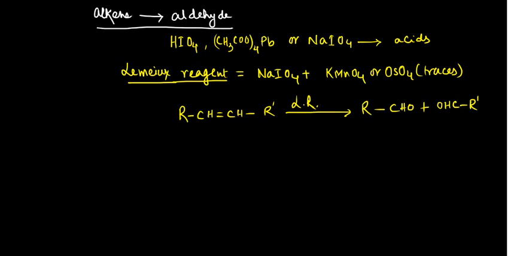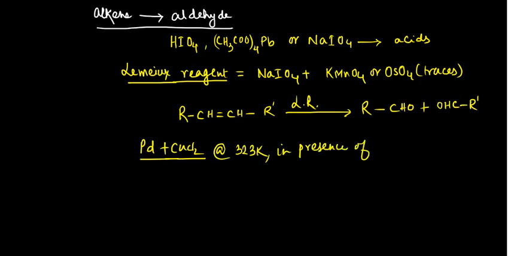Next, another kind of reagent is used: PdCl2 plus CuCl2. This is used at a temperature of 323 Kelvin in the presence of air. When this reagent is used, the process is called the Wacker process.